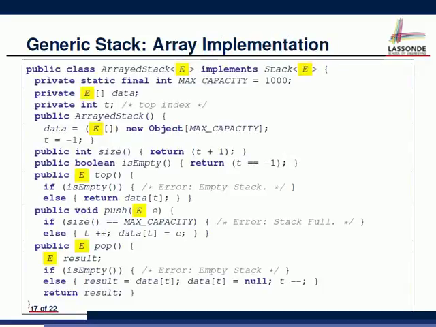Now, for the code, you have seen them already. Again, it's only about substitution. If you compare this slide of code with how I implemented array stack before, first of all, I declare the generic parameter over here, and then replace every occurrence of string by E. One more detail to show you.